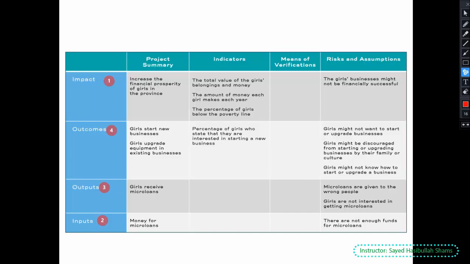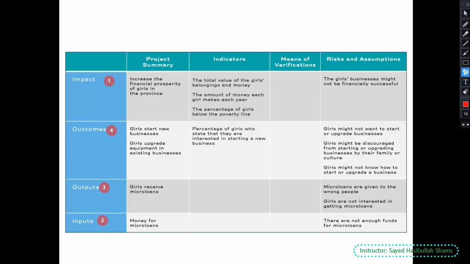So we must identify our risk and assumption here. And at the output level, what is the risk and assumption, and what will be the risk and assumption at the outcome level, and what will be the risk and assumption in impact assessment.